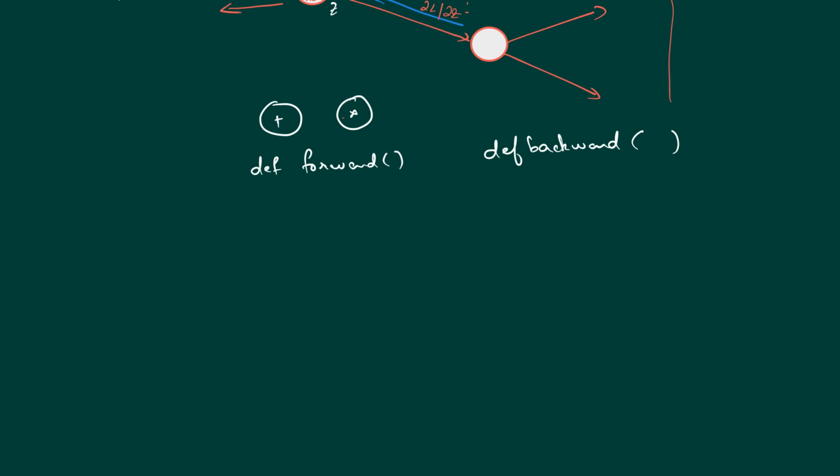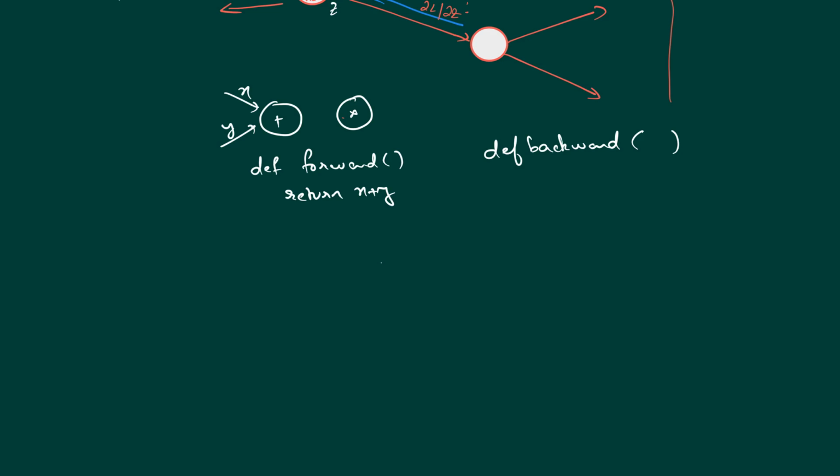The forward function will take some inputs, let's say x and y, and return the function that it's calculating, in this case x plus y.